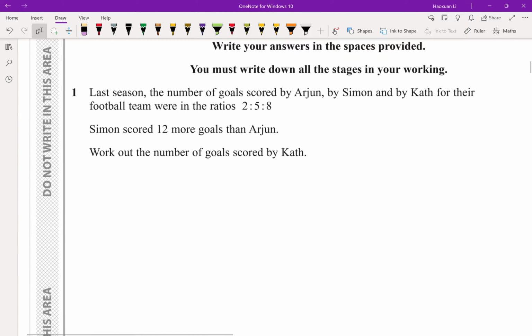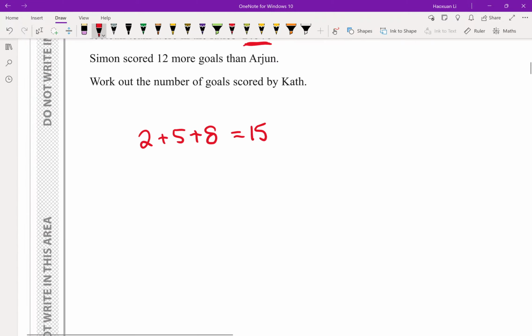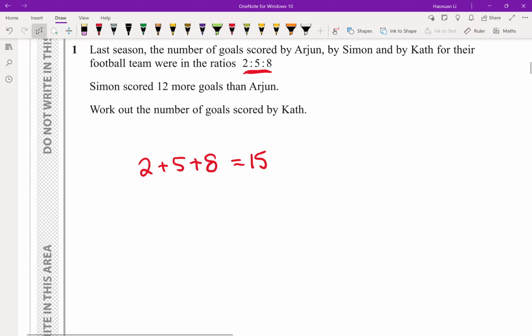So usually when this is in a ratio format, they are the simplified version of the number of goals they scored. To work out the proportion of it, you just add them together, and this should be 15. Because in the ratio, it's 2 out of 15, 5 out of 15, and 8 out of 15.